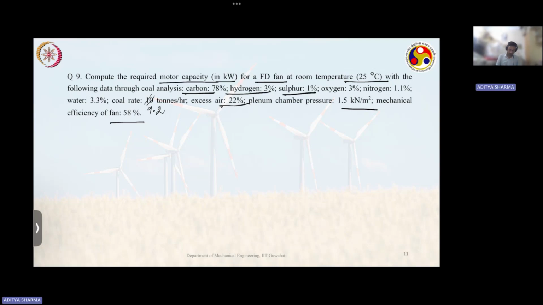And in your combustion process, the percentage in which your air is in excess has been mentioned, and the pressure in the plenum chamber is also mentioned, and the efficiency of the fan has also been mentioned as 0.58. So we'll solve this.